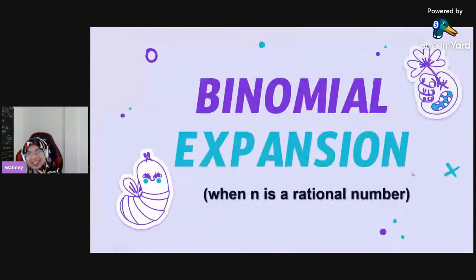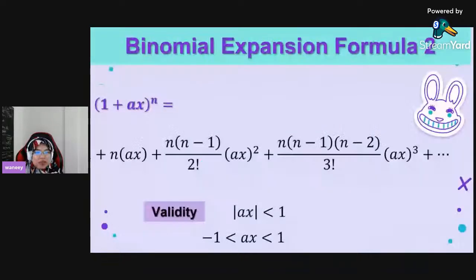Okay, next. Binomial expansion. So now we are referring to the second formula, where n is a rational number. So what is the formula? Oh, I missed out the 1. The 1 should be here. Okay, so (1 + ax)^n is 1 plus n multiplied with ax, plus n(n minus 1) over 2 factorial, ax squared, plus n(n minus 1)(n minus 2) over 3 factorial, ax cubed, plus dot dot dot.